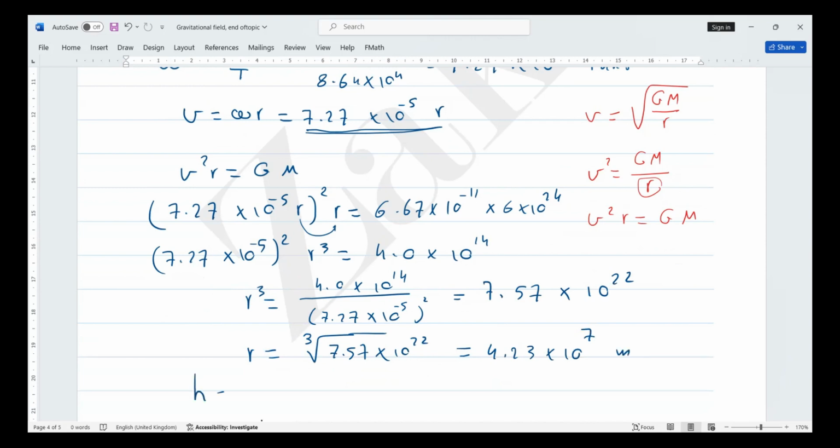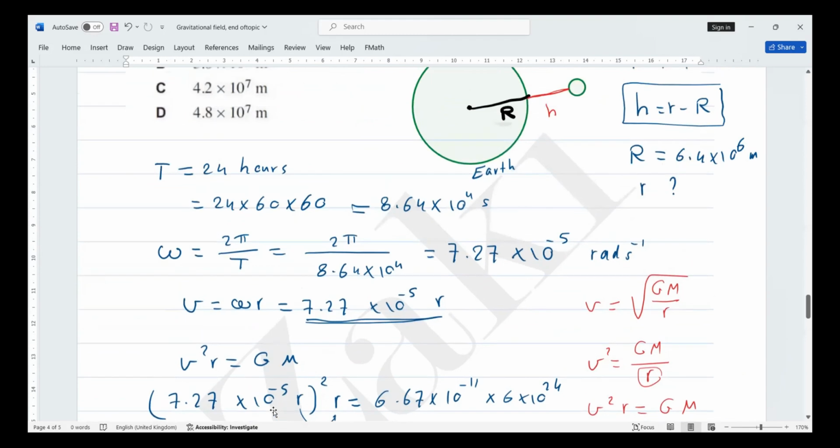So the height equals R small minus R capital, which is the radius of the Earth. R small we calculated 4.23 times 10 power 7, and R capital is the radius of the Earth, which is given 6.4 multiply 10 to the power 6. When you do the subtraction, you will get 3.59 multiply 10 power 7 meter.